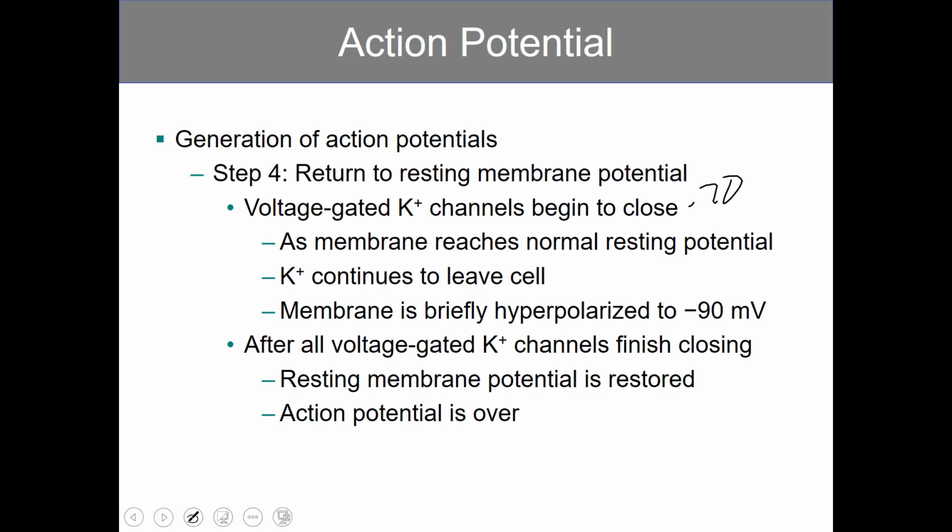And as the door is shutting, more potassium leaks out, and that's going to cause a hyperpolarization. You're going to move beyond negative 70 to negative 90. And at about negative 90, that door has shut, so that voltage-gated potassium channel is going to close. So after all the voltage-gated potassium channels close, the resting membrane potential becomes restored due to the sodium-potassium exchange pump. At that point, your action potential is over.